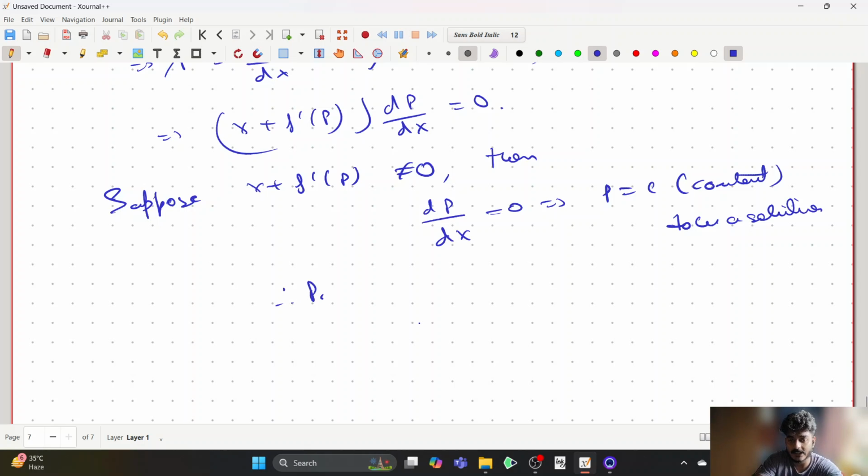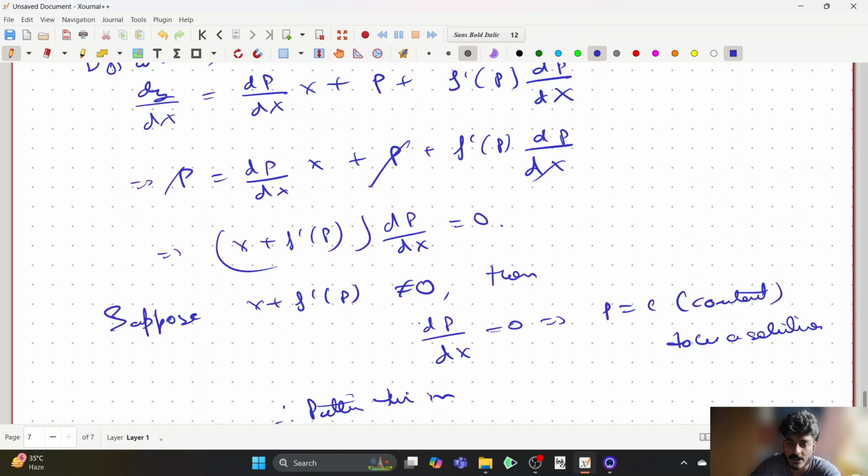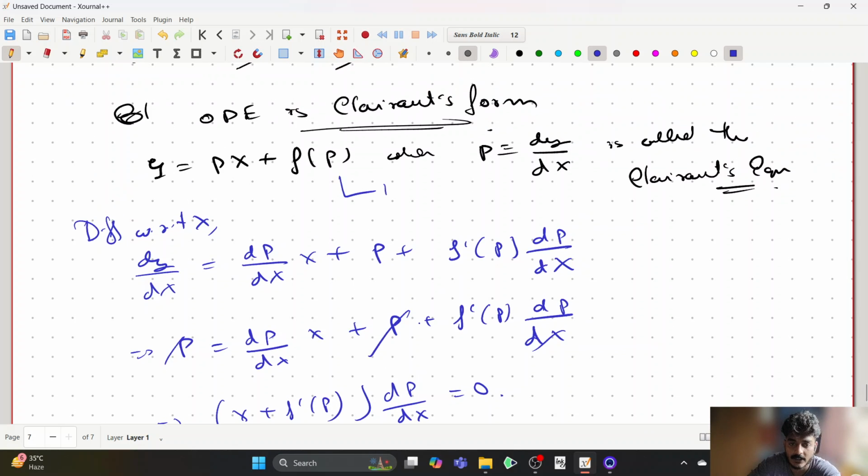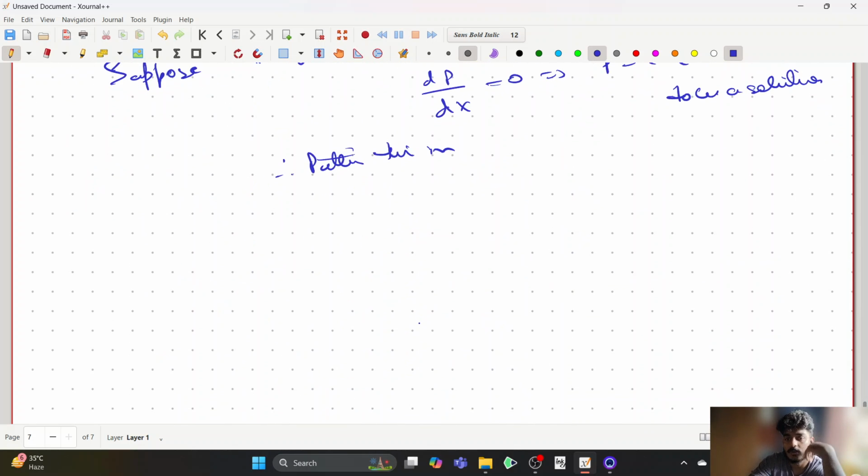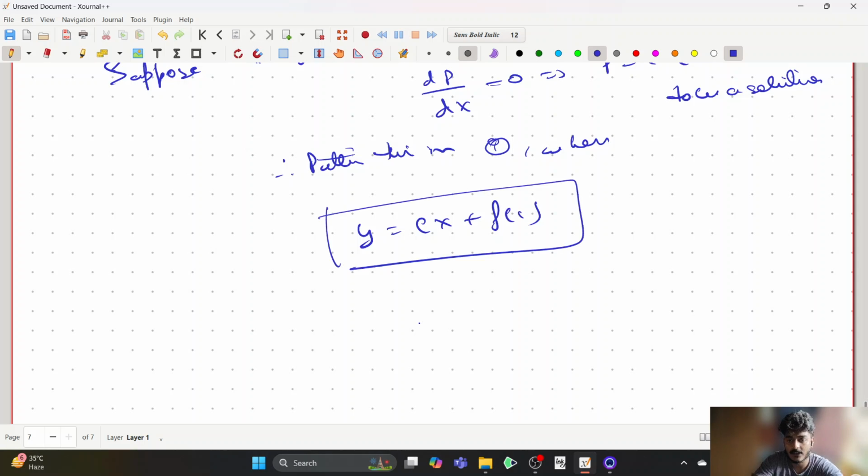Therefore, putting this in the equation which we started with, equation 1, what do we have? I get y = cx + f(c). And this gives you again a one parameter family of solutions to the Clairaut's equation.